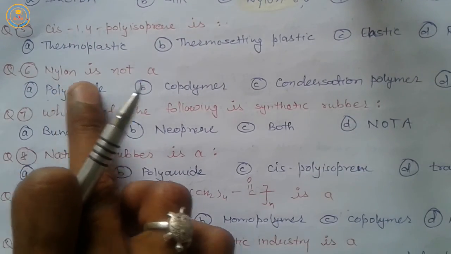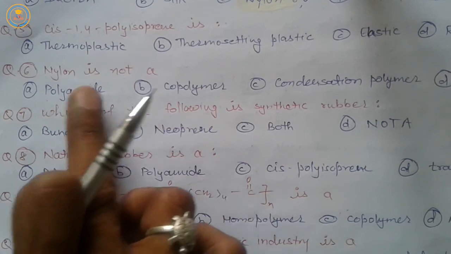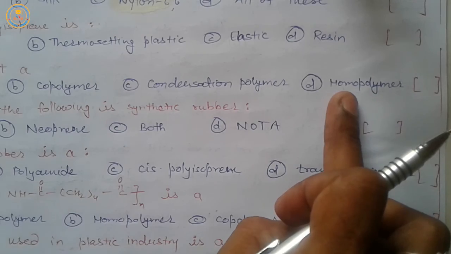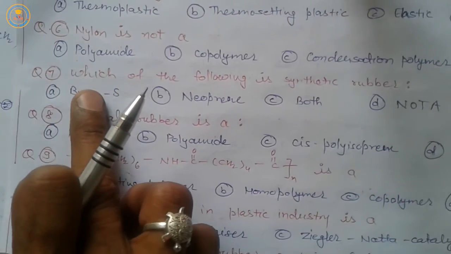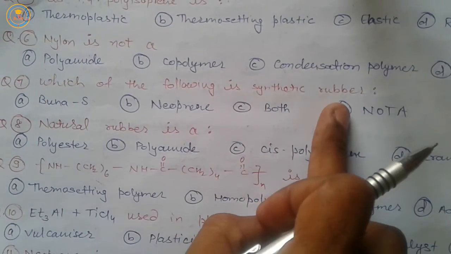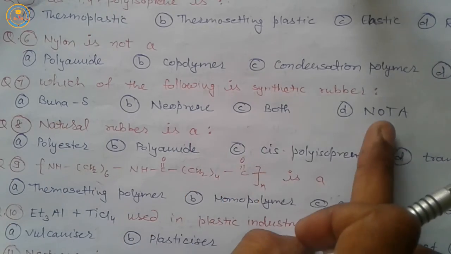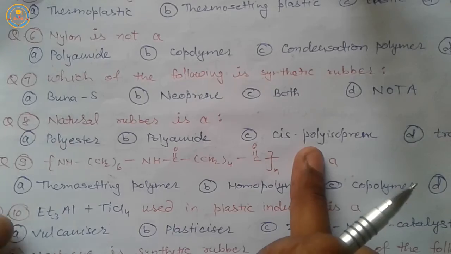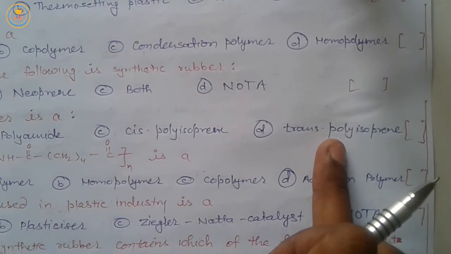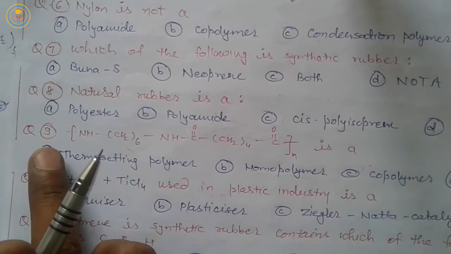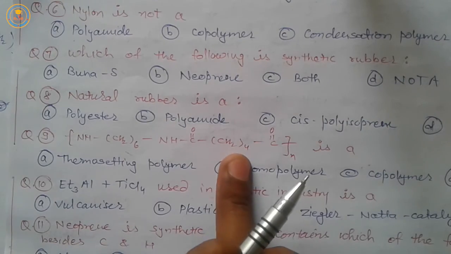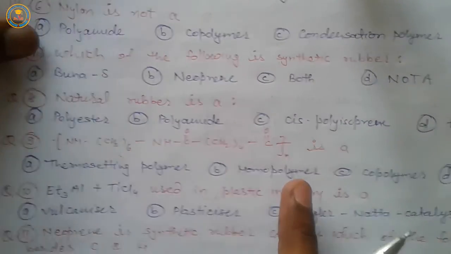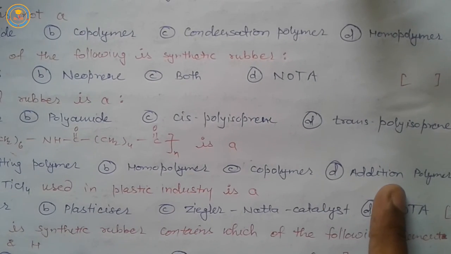Question 6, nylon is not a: polyamide, copolymer, condensation polymer, homopolymer. Question 7 is, which of the following is synthetic rubber? Buna-S, neoprene, both, none of these. Question 8, natural rubber is a polyester, polyamide, cis-polyisoprene, trans-polyisoprene. Question 9, a structure of polymer: thermosetting polymer, homopolymer, copolymer, addition polymer.